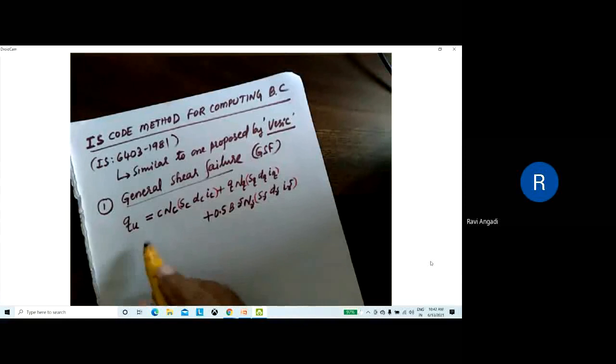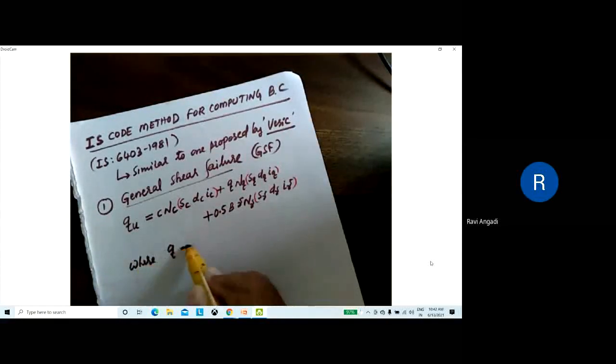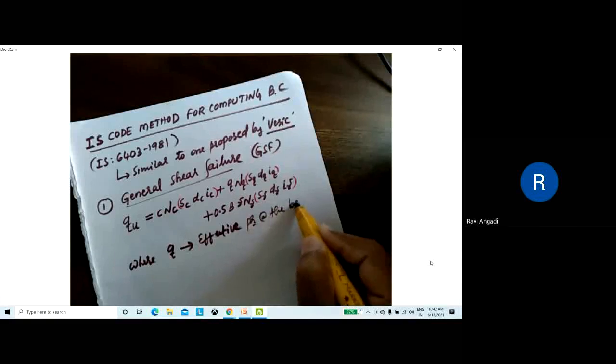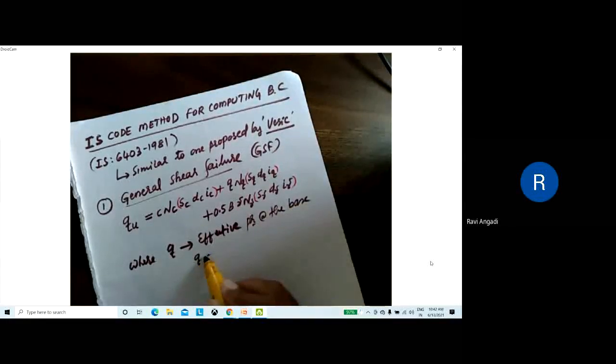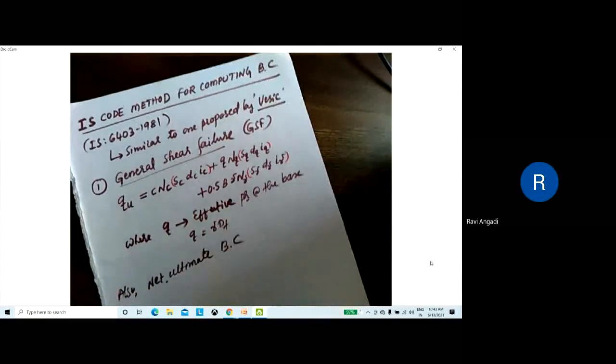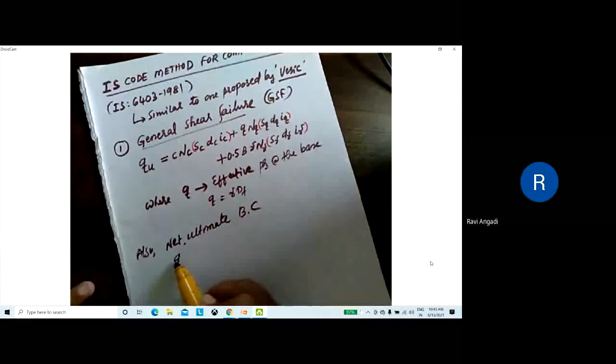Where q is the effective pressure at the base. So q is equal to what? Gamma into Df, right? Also the net ultimate bearing capacity, qnu.